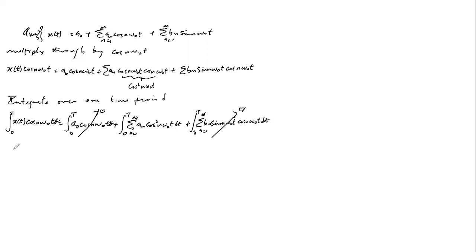So what we now have is the integral from 0 to T of s of t cos n omega naught t dt is the same as the integral from 0 to T of a_n cos squared n omega naught t.